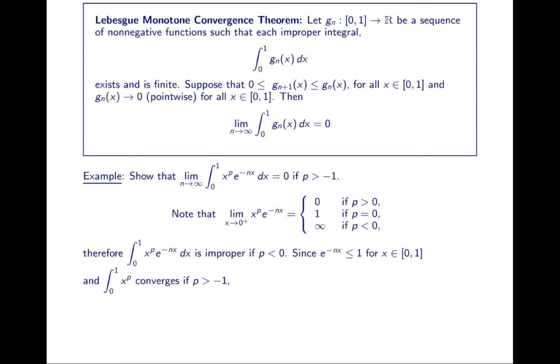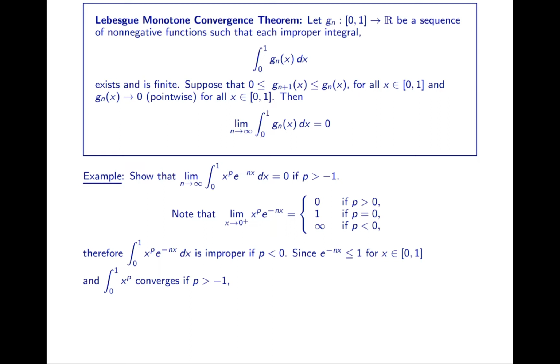Now, what that implies is that if p is equal to 0 or greater than 0, then I have a continuous function that is bounded on a closed interval. So of course that integral exists. Now, e to the negative nx, right, that's 1 over e to the x raised to the nth power.